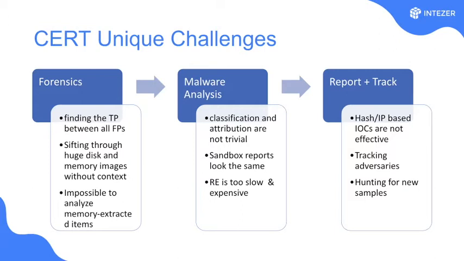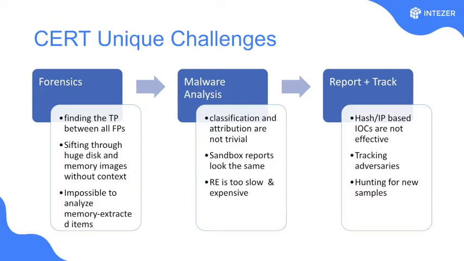Now, the second step, called malware analysis. Once you have a few suspicious files, if you want to investigate them and spend time understanding the classification and attribution of the file, this could take a lot of your resources. If you execute a file in a sandbox, the report could be vague and not so clear.